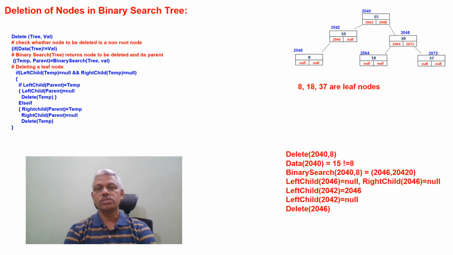Then we make the left child of 2042 null. Once we do this, the link is disconnected, and we can delete the node 2046. So this is how we can delete the leaf node.